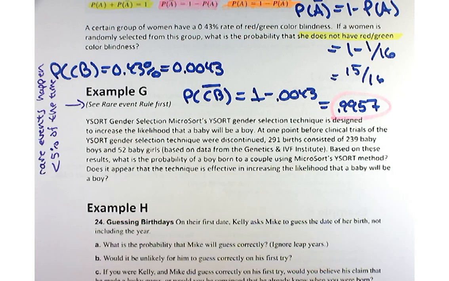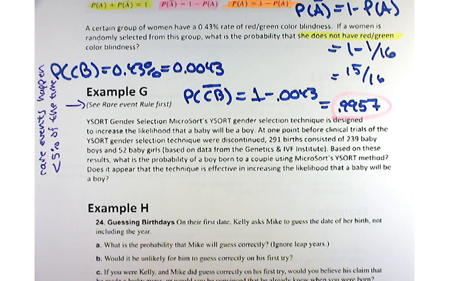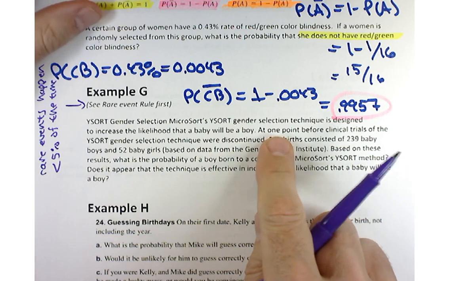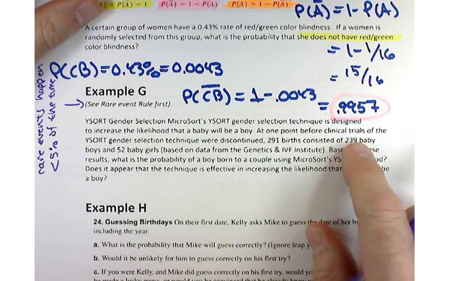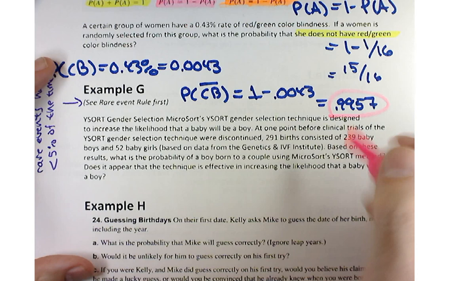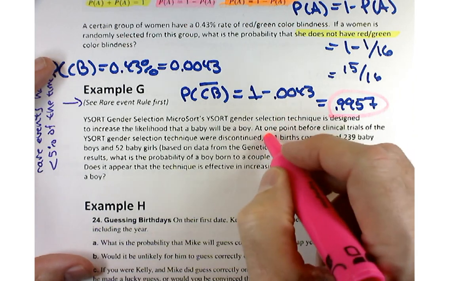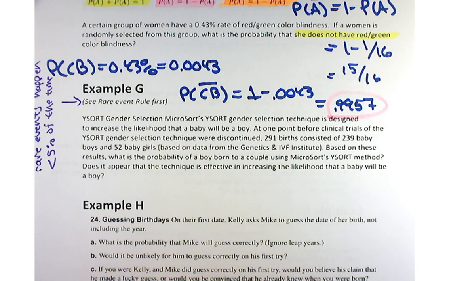The Y-sort gender selection technique is designed to increase the likelihood that a baby will be a boy. They've also got an X-sort as well. At one point, before clinical trials of the Y-sort gender selection technique were discontinued, 291 births consisted of 239 baby boys and 52 baby girls.